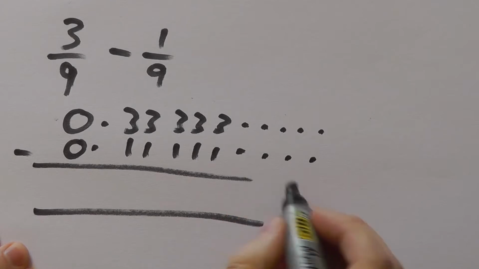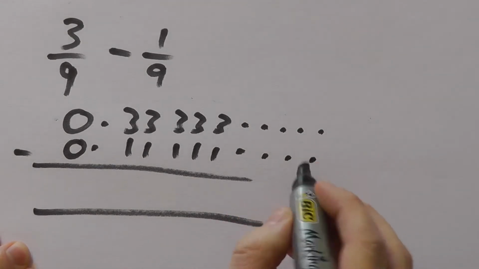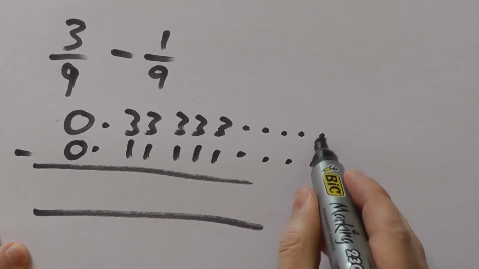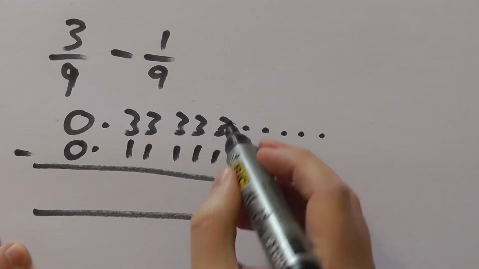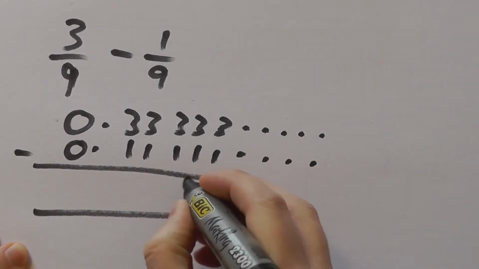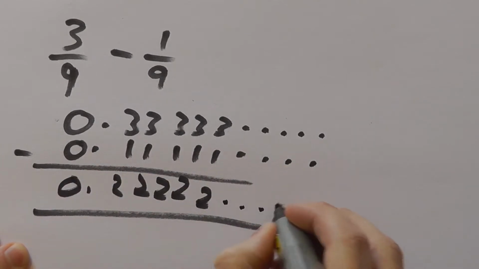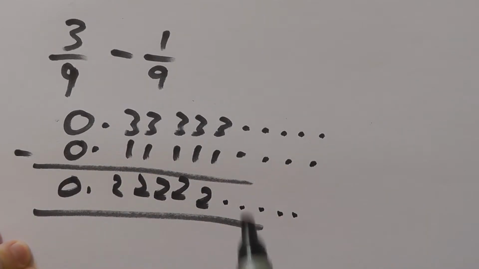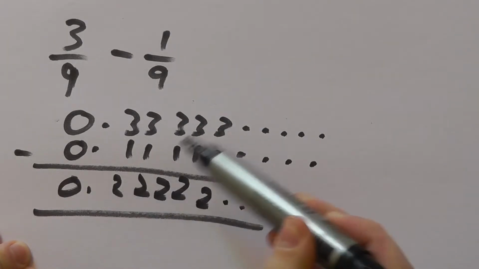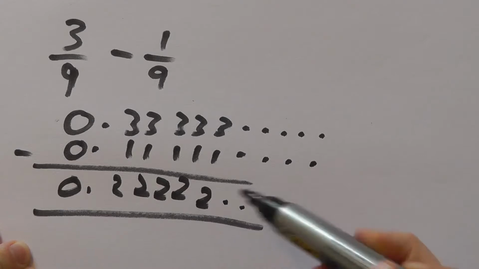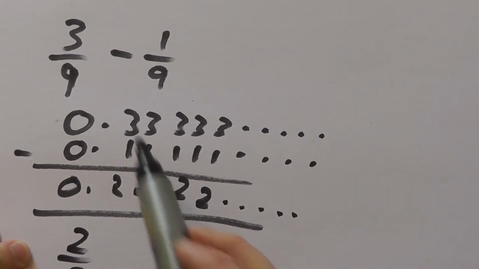What you can't do is start at the right hand end, because there is no right hand end. Normally when subtracting you'd find the right hand end, you go 3 minus 1 is 2, etc. We can simulate that here. We can say 3 minus 1 is 2, 3 minus 1 is 2. But you'll just have to imagine that that goes on forever. So 3/9 minus 1/9 is 0.22222, which is 2/9, which is correct.